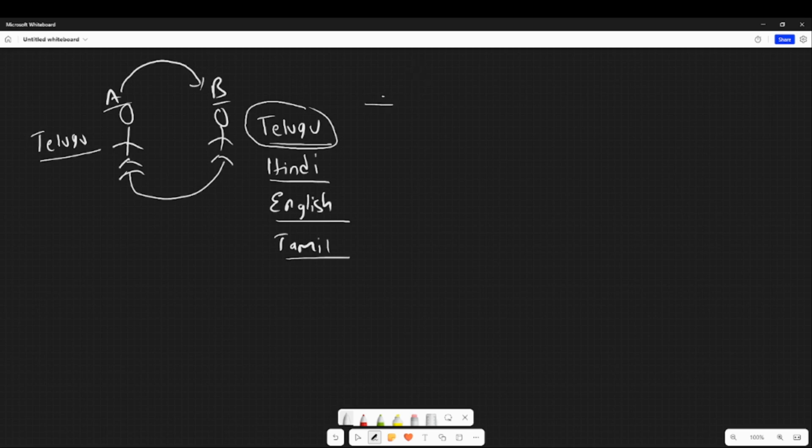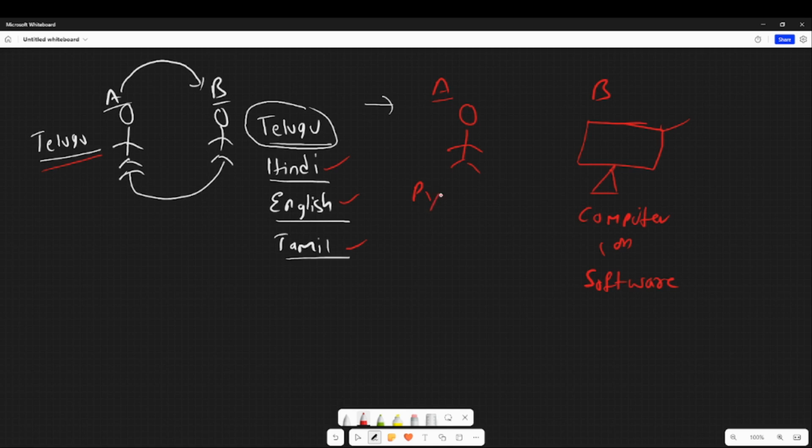When we come to the same scenario in programming language, let's say candidate A is you, and candidate B is the computer or software. To communicate between two persons, we need a language, whether it may be Telugu, Hindi, English, or Tamil. To communicate with computers, we need to know languages like Python.